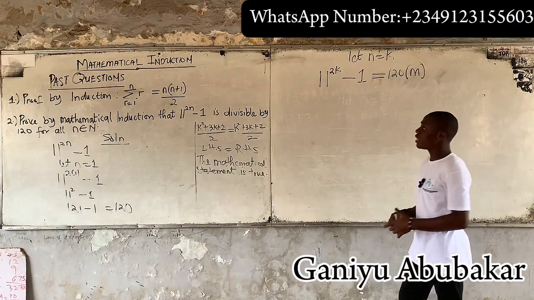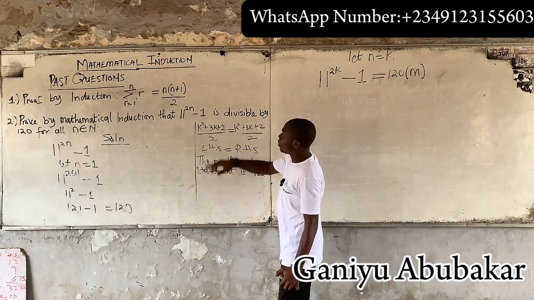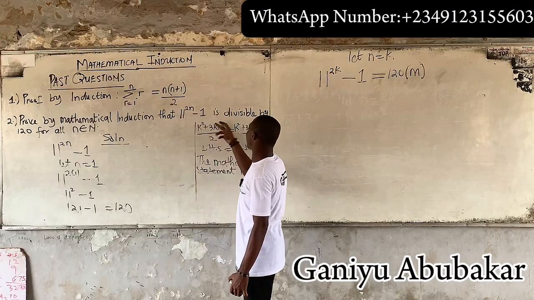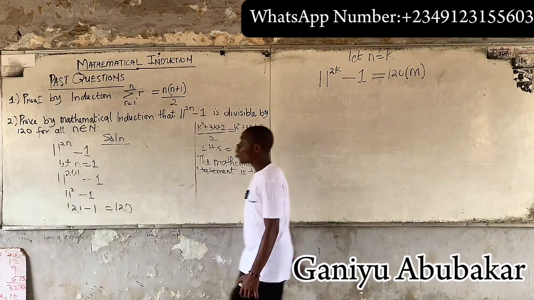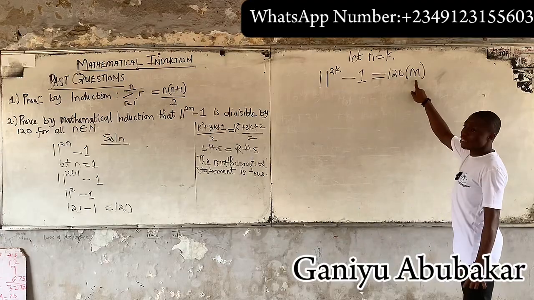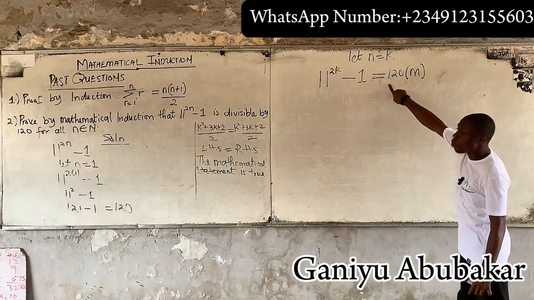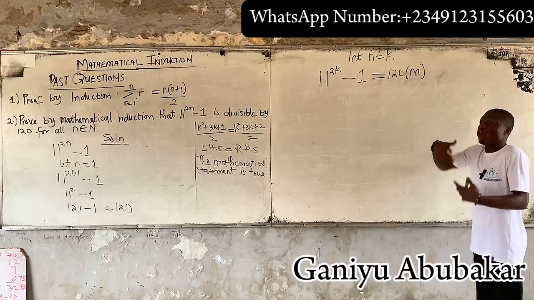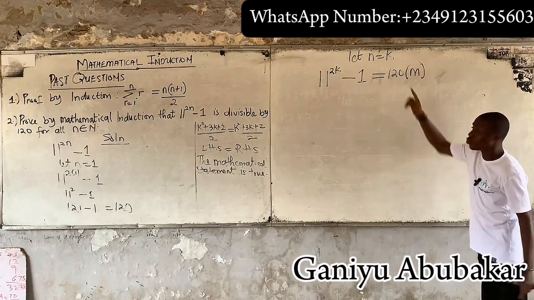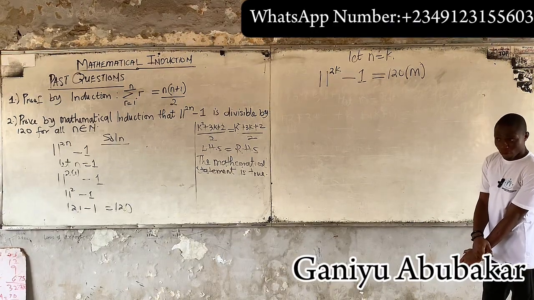Why is it m? We said the statement is that 11^n minus 1 is divisible by 120. So I'm looking for a number that divides 120. That's the meaning. Are you with me now?